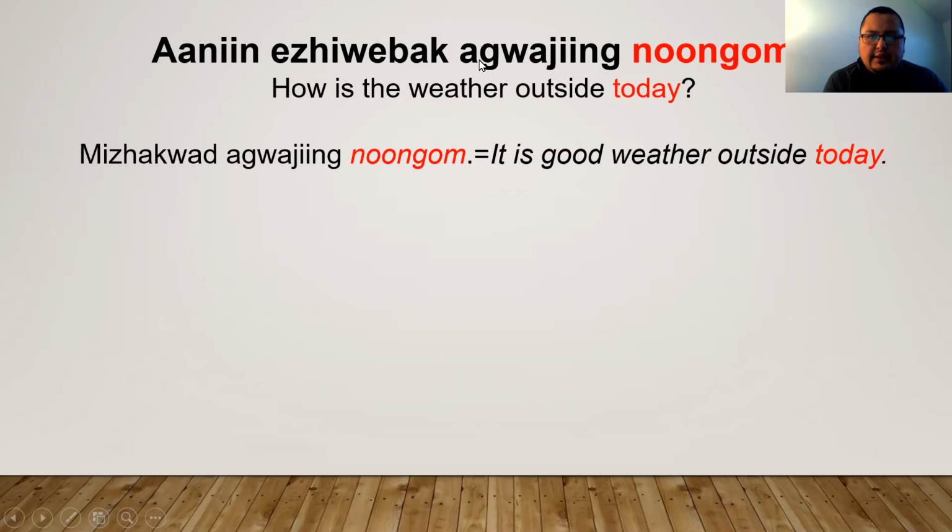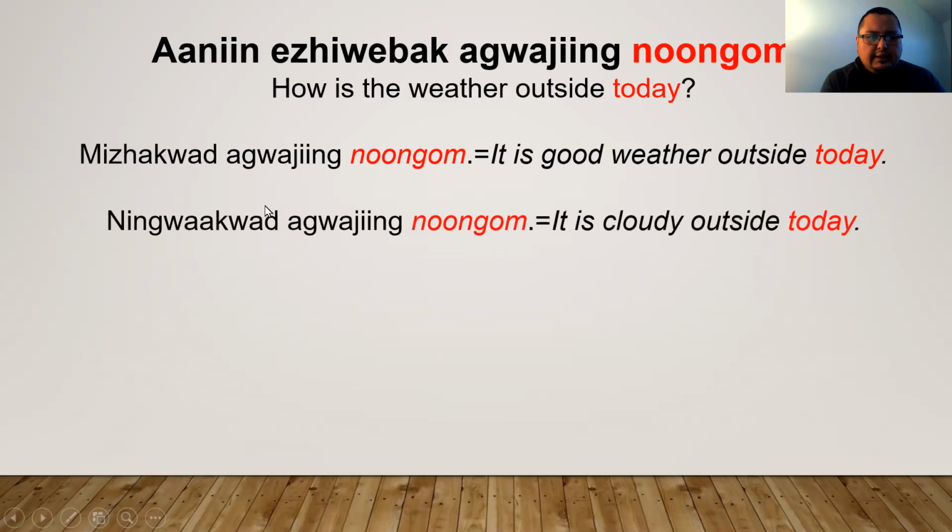But if you want to add this just to prolong the word, because it sounds better that way too, you can add that in there, and it makes it sound like a big long word. So we can say mijakwad agwajiing noongum. Mijakwad, it is good weather. Agwajiing, outside. Noongum, today. It is good weather outside today.